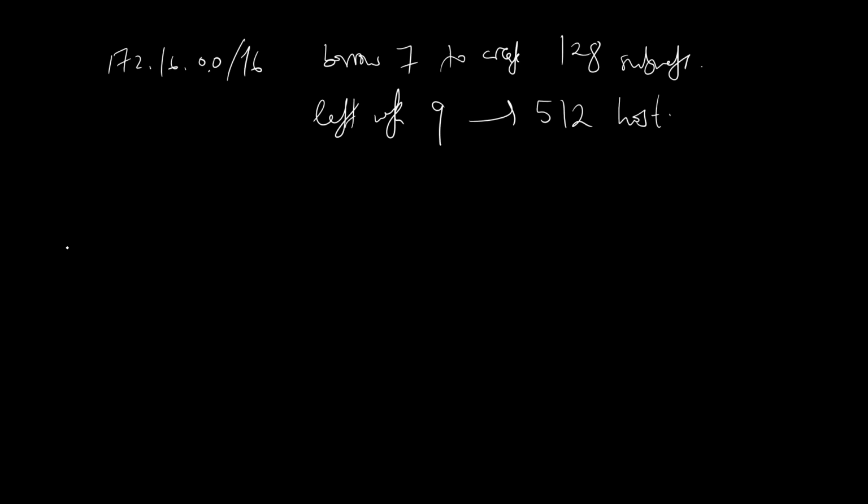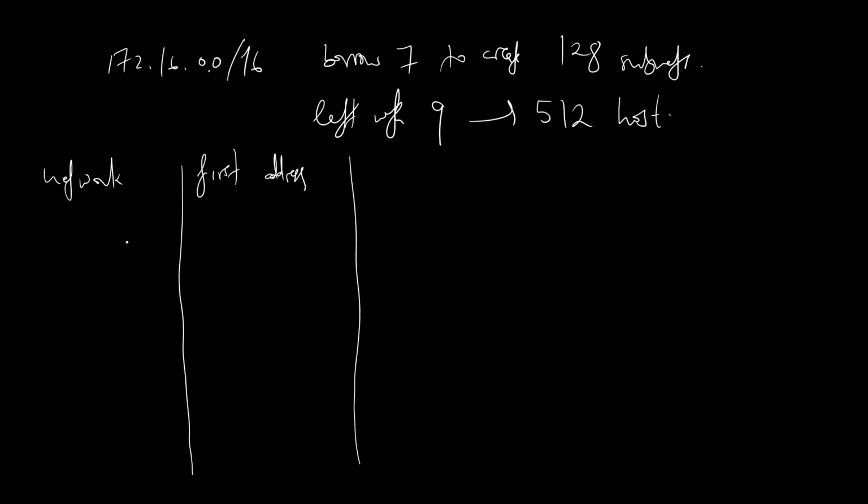The range of addresses and the networks that we are going to have, let's go a bit deeper. Let's have the first address. I'll create the last address after this one.